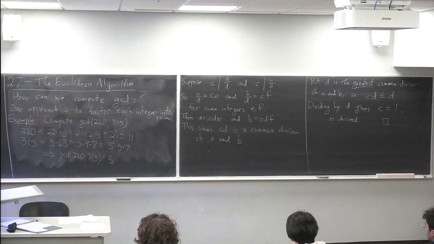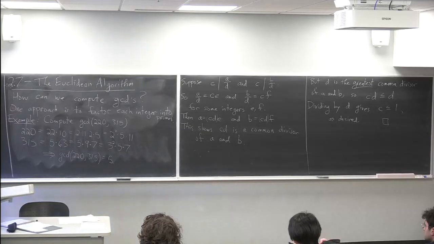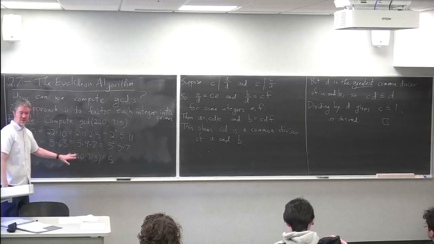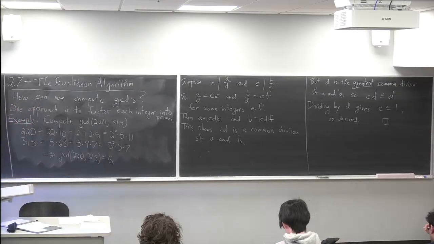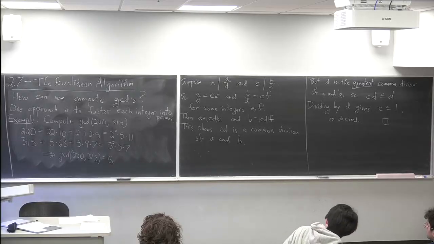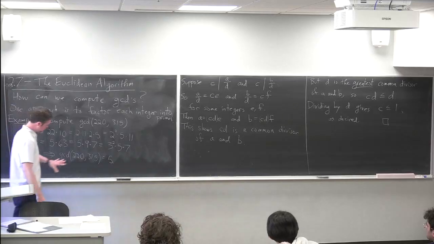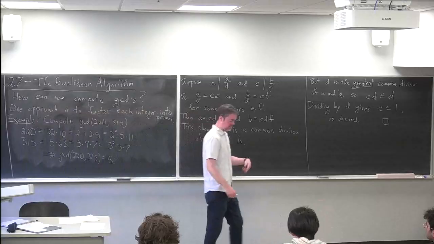Now, again, this is a valid approach, but it's something we haven't quite established. To justify this, we need facts about prime factorizations of integers, that you can do it, and that they are unique. This kind of argument relies on some things we haven't done in the class yet.